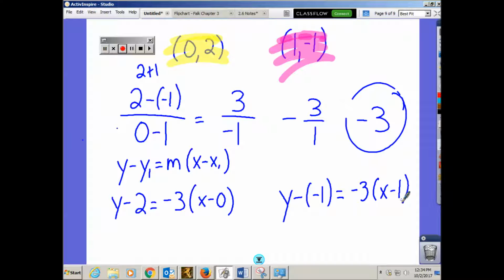So this is minus negative 1 because the y value of this point is negative 1. The x value is 1, so it's minus 1. Although I'm going to simplify in a minute. So negative 3 equals m, because m is your slope. Okay? So to simplify this, y plus 1.